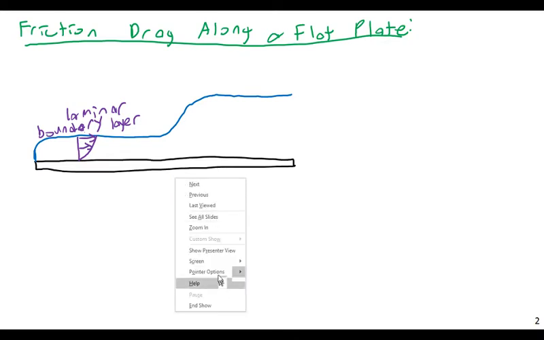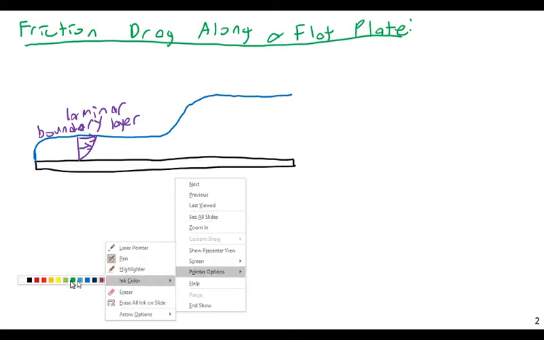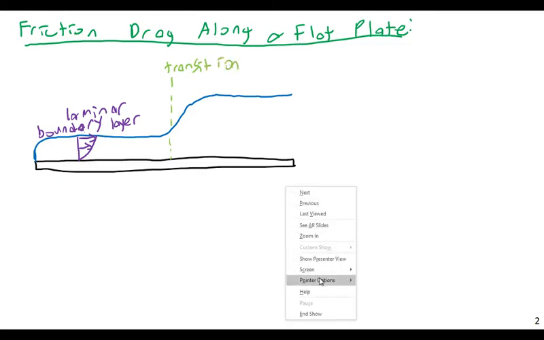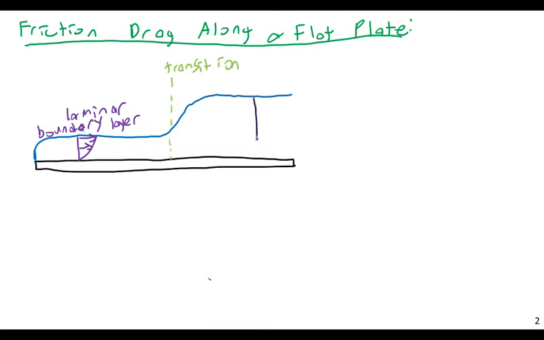Past a certain point, there will be a transition zone. And beyond that, you'll have a turbulent boundary layer, like this here, and we can discuss this in more detail.